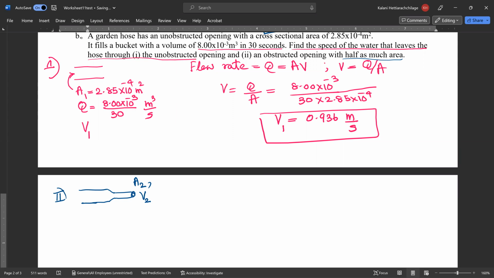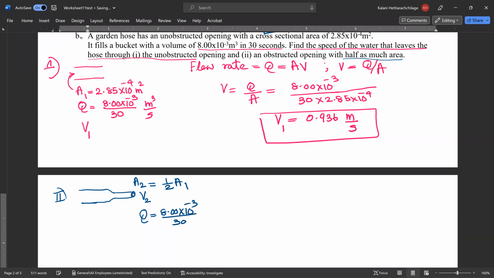But the important thing is that this Q value is still the same, because you have the same flow rate. A2 will be half of A1, I don't even want to write the number. And Q will still be the same, 8.00 × 10^-3 divided by 30.